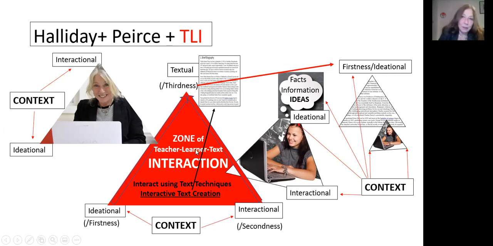So again, it's a three-way process. It's not just the teacher coming in and the learner interacting with the text techniques, but the text itself. This sounds odd, perhaps, but the text has a dynamic of its own, and it comes alive and interacts with the writer, with the reader, and with the teacher together.